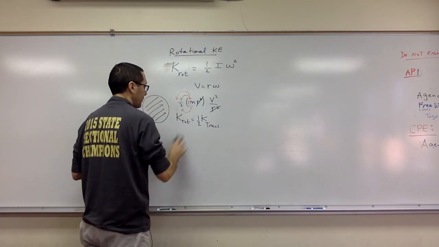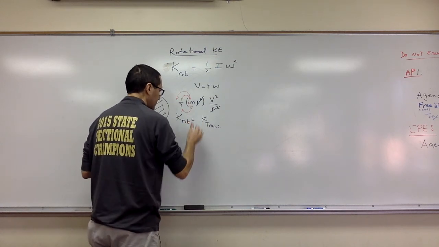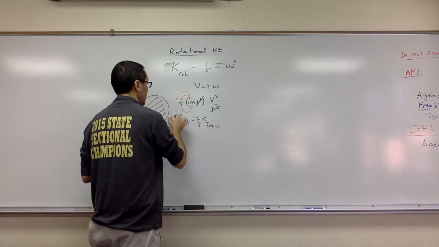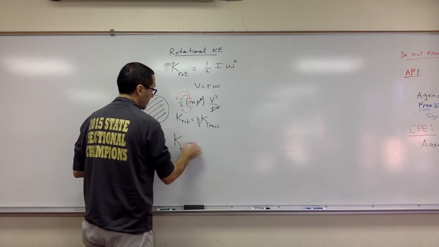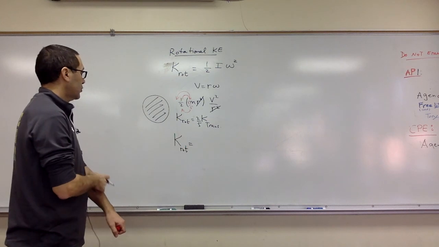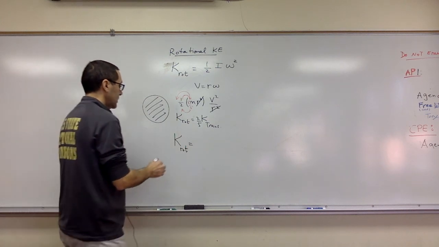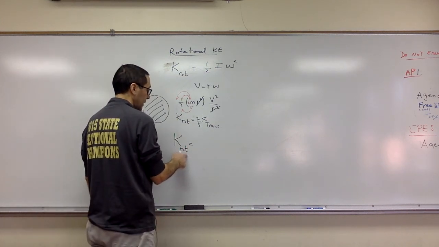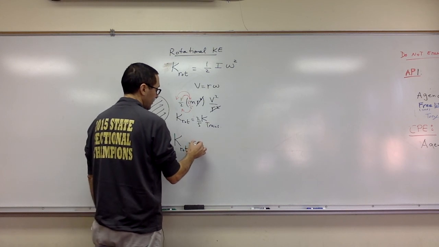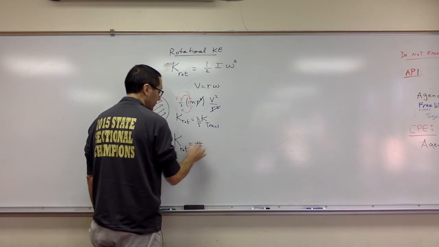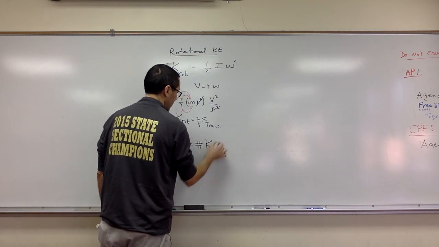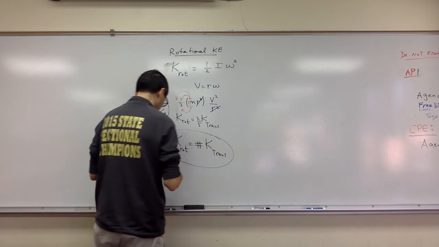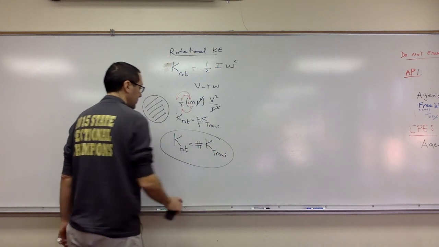So this is going to be 2/5. Basically, for our three mostly used shapes, the rotational kinetic energy is going to be that coefficient from the moment of inertia times the K translational, right? And this is pretty powerful, so we don't have to prove this all the time.